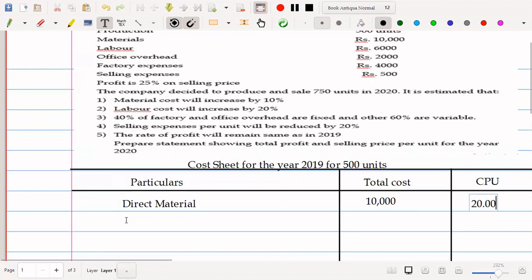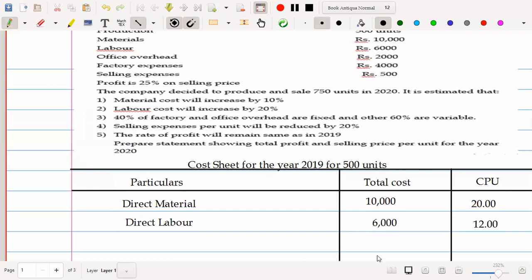For this, we are going to add direct labor. Direct labor given is rupees 6,000. 6,000 divided by 500, it comes to rupees 12. And they have not given any information regarding direct expenses.